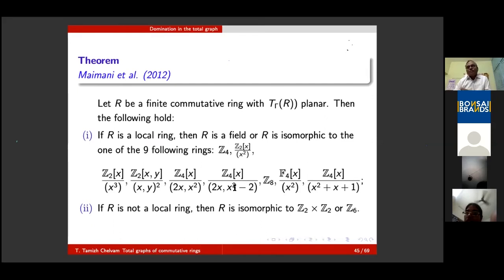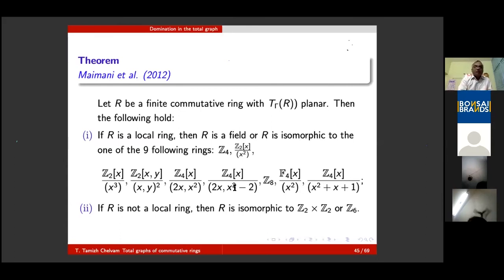And of course, one part is very easy. If R is one of these 11, you can construct the total graph, draw the embedding, and see that it is planar. But the converse part is really the tough part of the game. To prove the converse, people effectively use some of the bounds with respect to genus for general graphs.